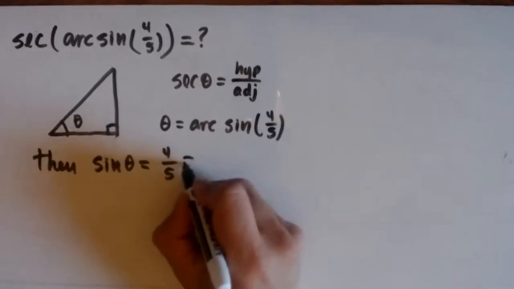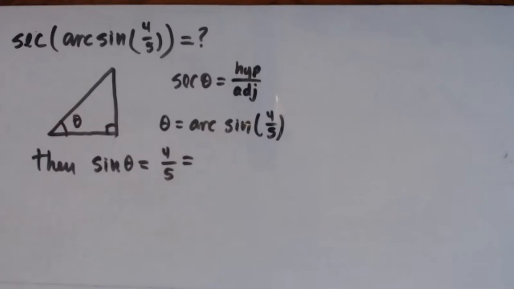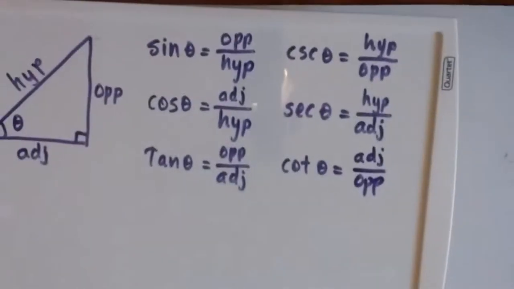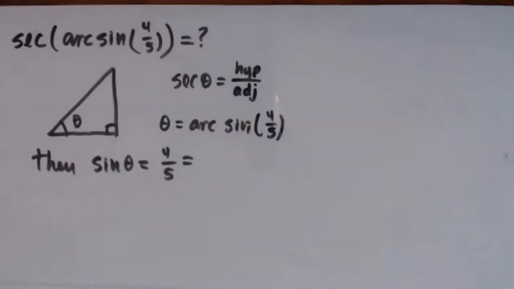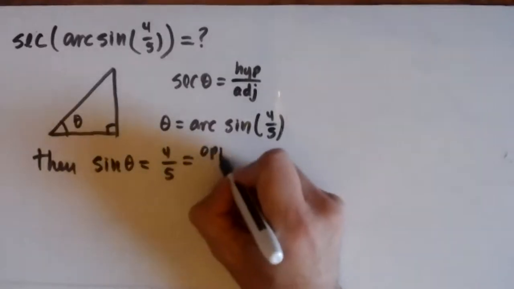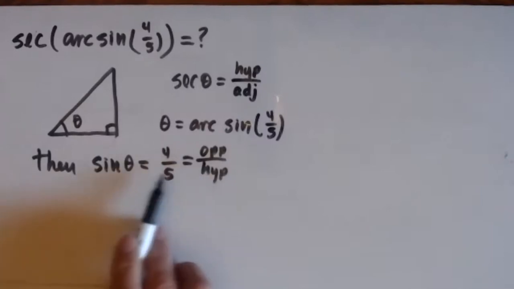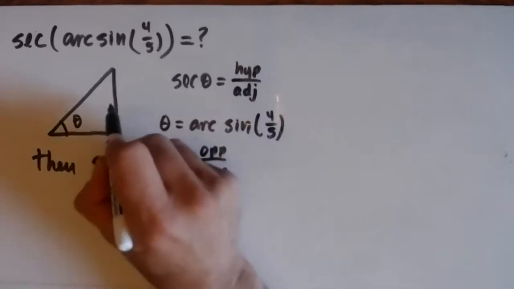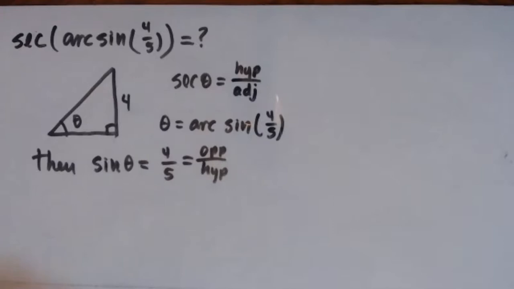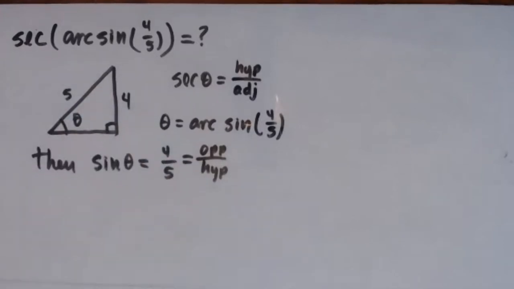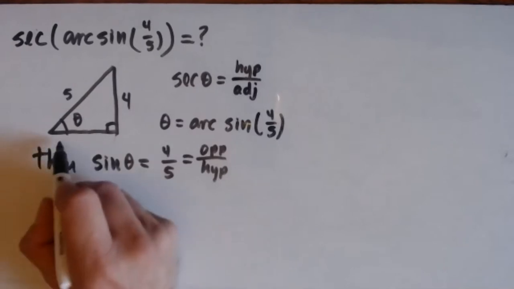Now, remember the definition of the sine: opposite over hypotenuse. So this is the opposite and this is the hypotenuse. I match this in my triangle. The opposite is 4. The hypotenuse is 5. Now I'm going to use the Pythagorean theorem to find this one.